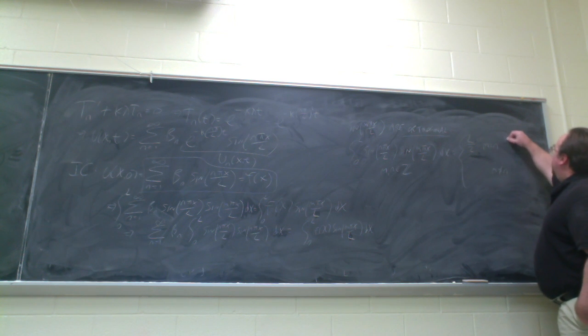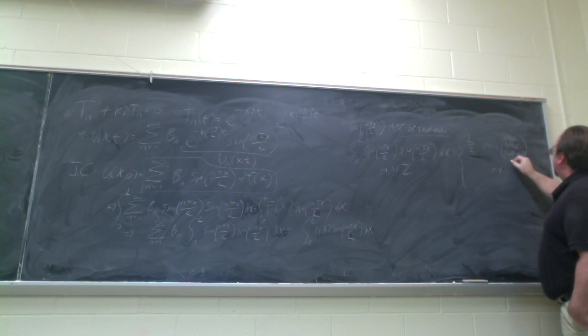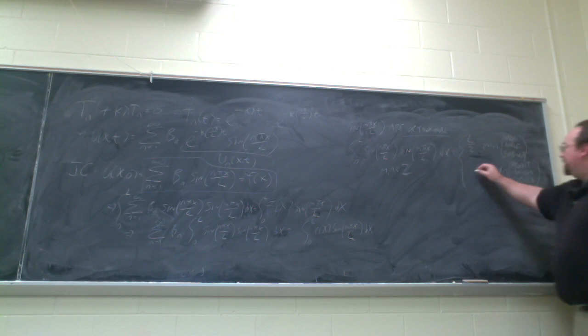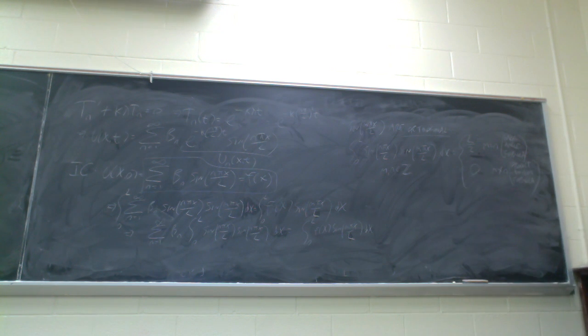Okay, so I'll write down what's used so you can better understand what's in the notes. Half-angle formula in the m equals n case, and a product to sum formula in the m not equal to n case. And what you get is, delightfully, 0.